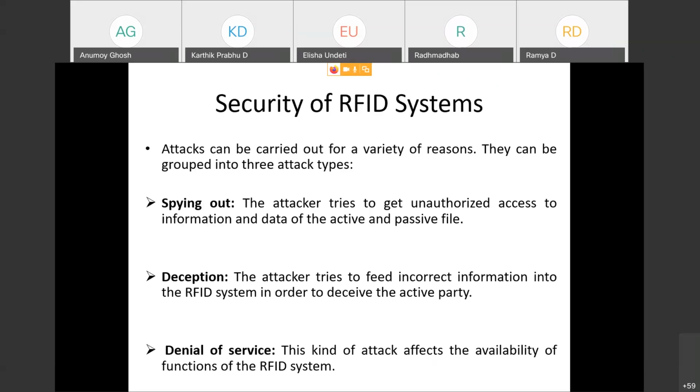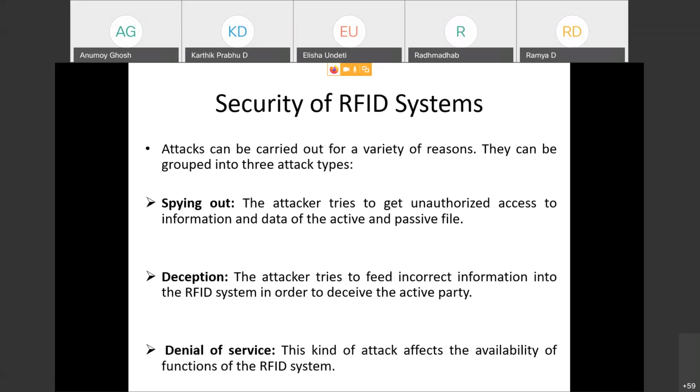Whenever a car enters that zone, the reader sends the tag the command that your speed should come down to 30 km per hour, and the communication is going on both ways. There is a sensor sensing that, and it directs the actuators connected to the throttle and the brake to reduce the speed.